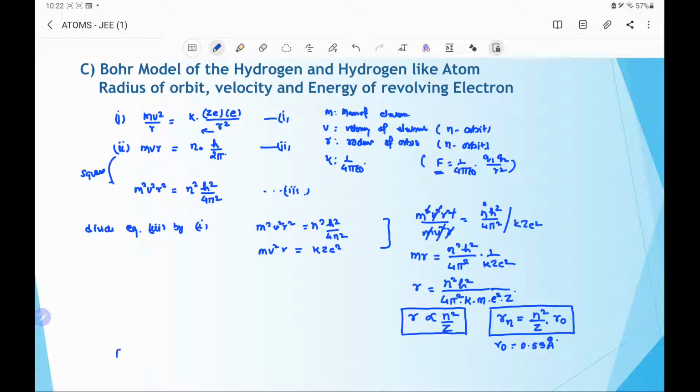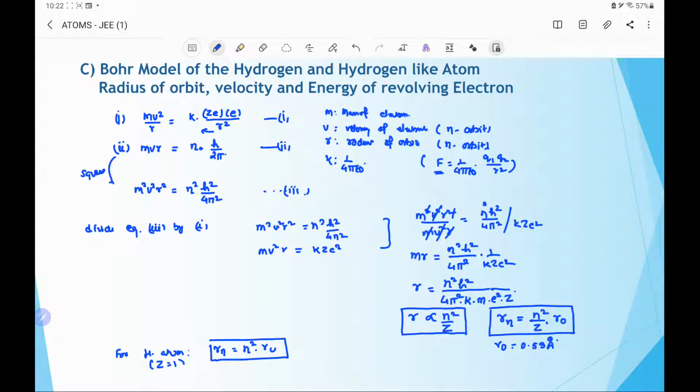So for the hydrogen atom, we know Z is 1, so we replace Z by 1, and the radius of the nth orbit will be simply n square into r0. Using this formula we can find the radius of hydrogen and hydrogen like atoms.